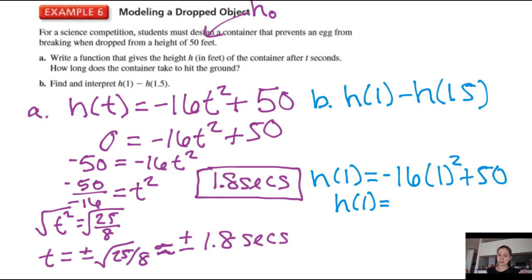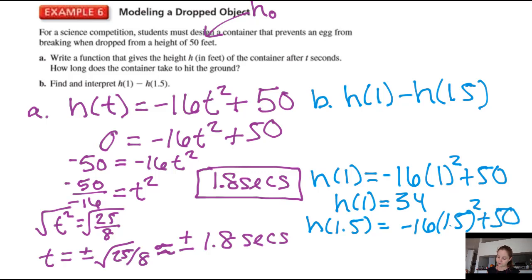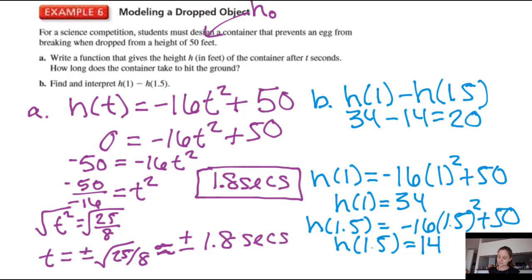I don't even simplify it by hand. And I get 34. And then h of 1.5, I put 1.5 in my calculator: negative 16 times 1.5 squared plus 50. H of 1.5 equals 14. So I take 34 minus 14, and I get 20.